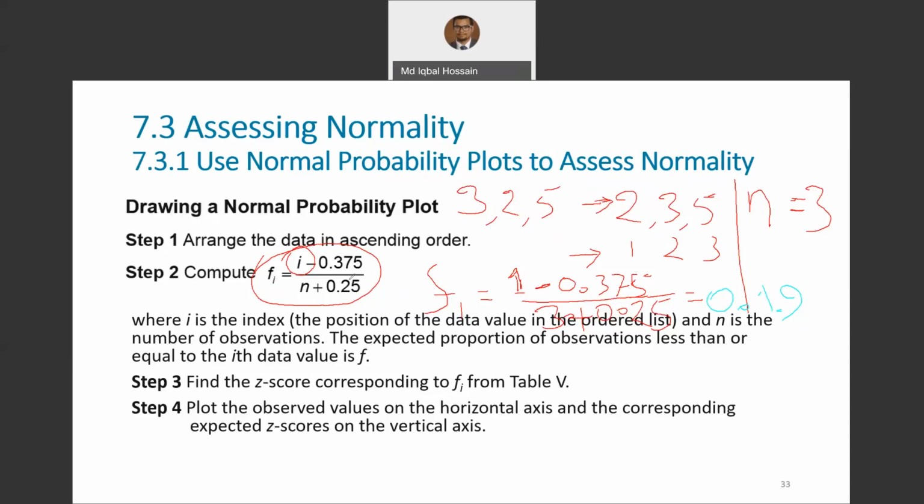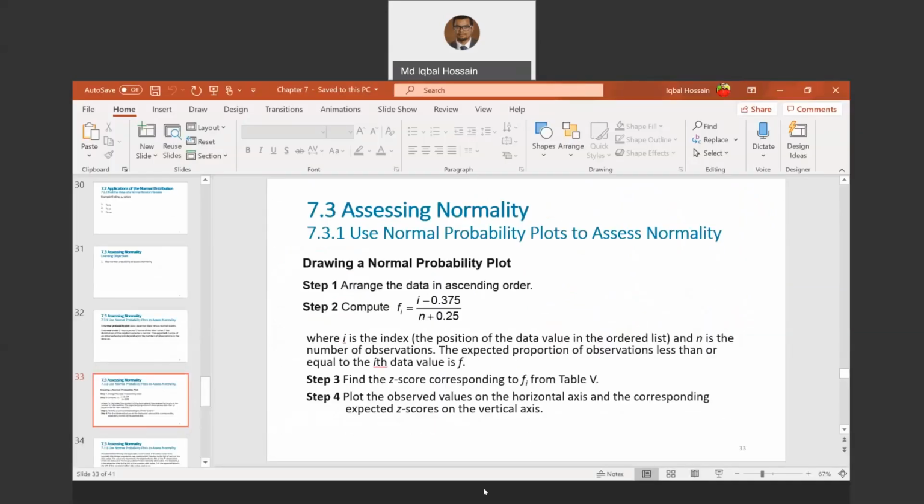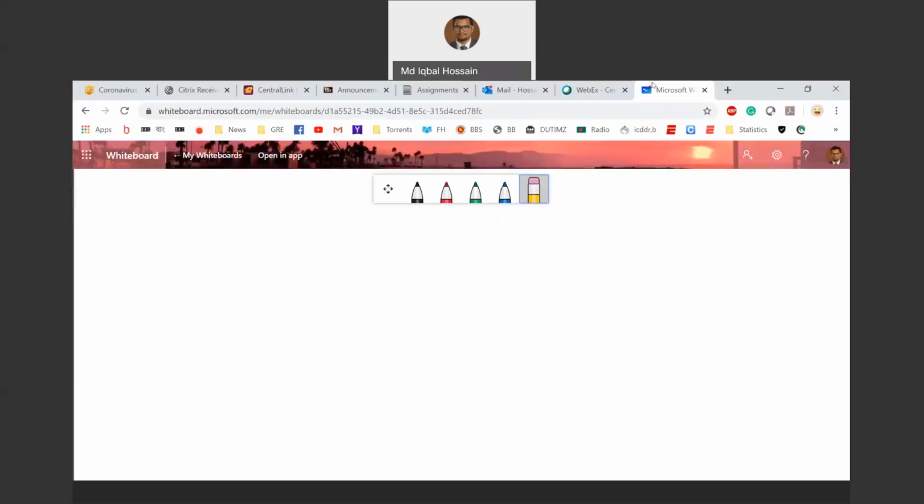So how are we finding the value for Z? That means Z1. We will find the value for Z1 using the normal curve. So how are we doing that using the normal curve here? Let me show you. Here, 0.19, right?